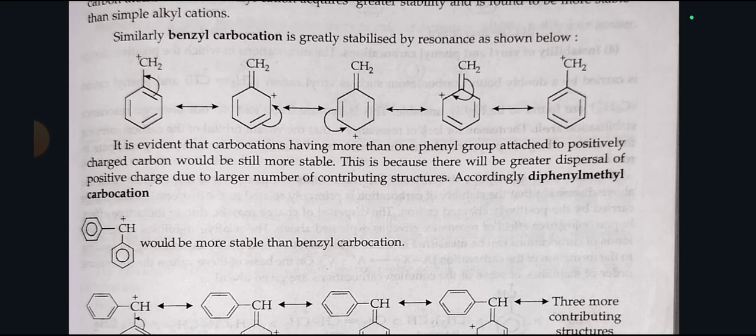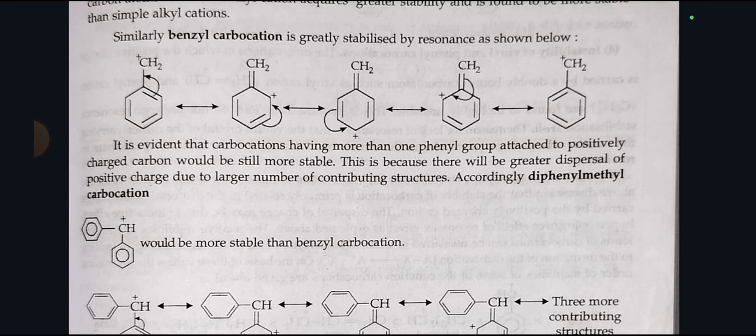It is evident that a carbocation having more than one phenyl group attached to the positively charged carbon would be still more stable. This is because there will be greater dispersal of positive charge due to a larger number of contributing structures.